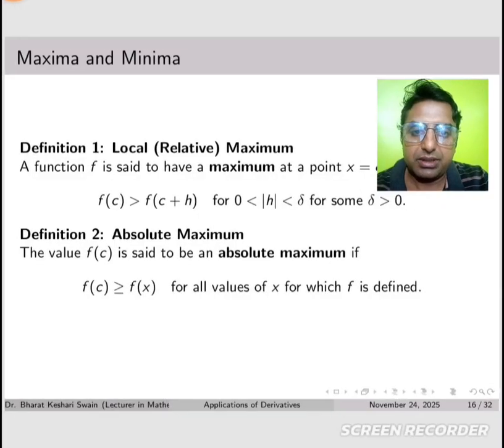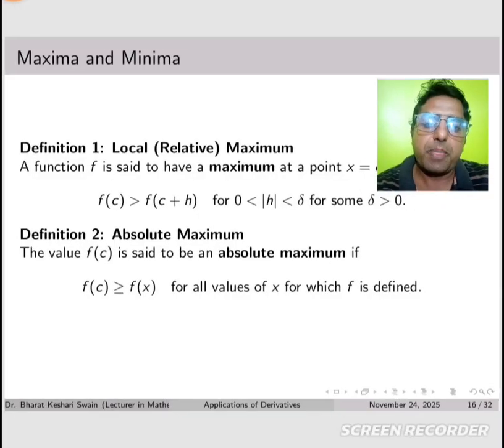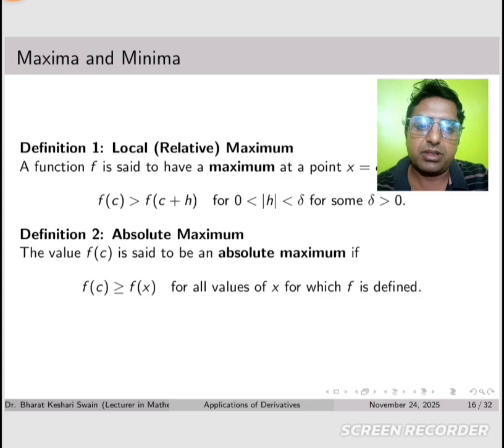So we will meet in the next class for the next concept of application of derivatives, maxima and minima, and we will complete this application of derivatives in another class.